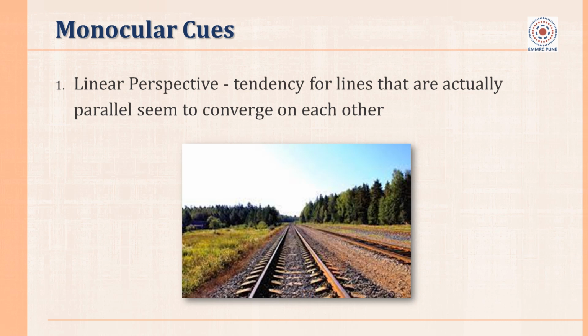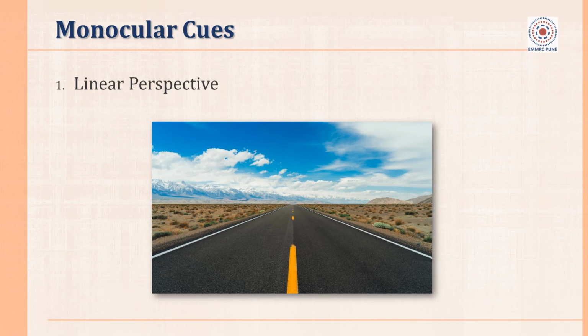These two lines of the railway track appear to merge together at a distance, right? This tendency for lines that are actually parallel to seem to converge on each other is called linear perspective. These converging lines give us a cue of great distance away. We experience the same phenomenon when we are traveling on a long highway as shown in this picture.